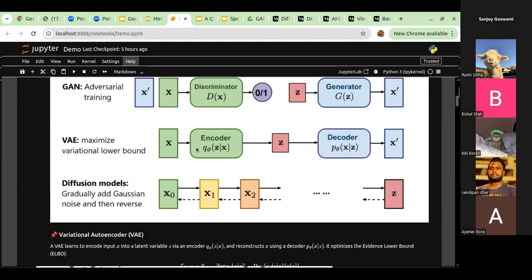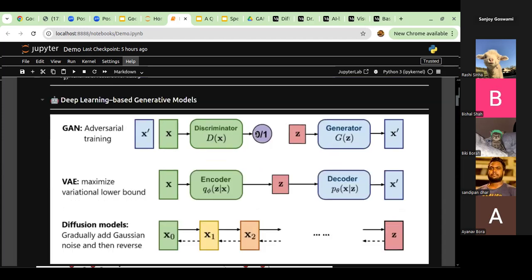So if you again try to understand, the autoencoder maps input data to a latent state. The GAN has what is called a discriminator, which keeps on finding whether the generator's output is similar to the original or not.